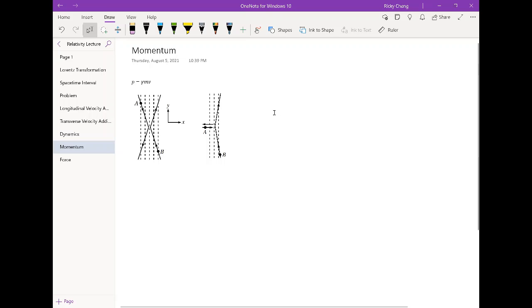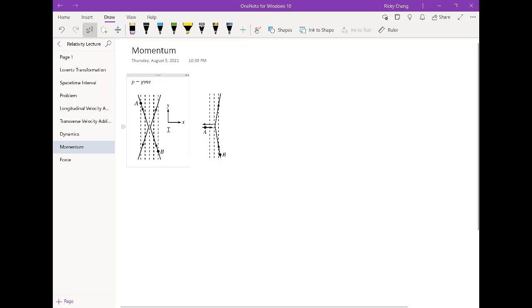So this thought experiment proves that this quantity is conserved. Imagine we have two objects, A and B. They're identical, and they are moving towards each other with equal but opposite velocities.